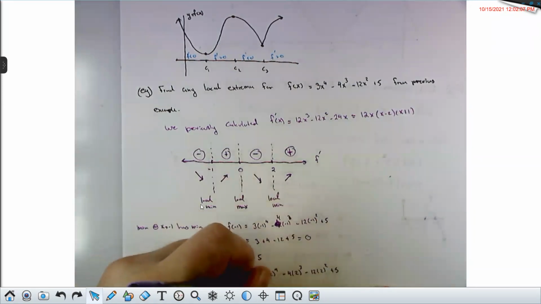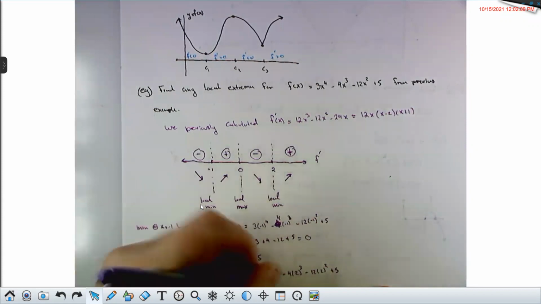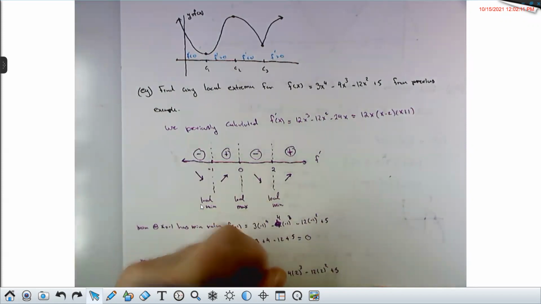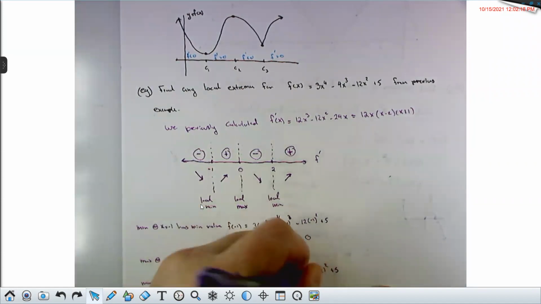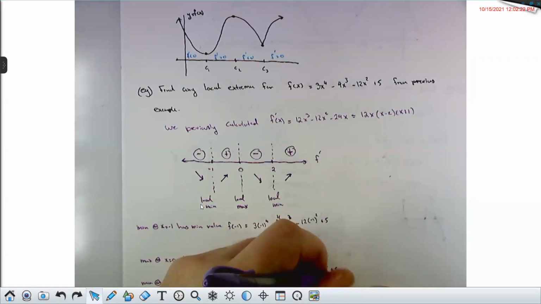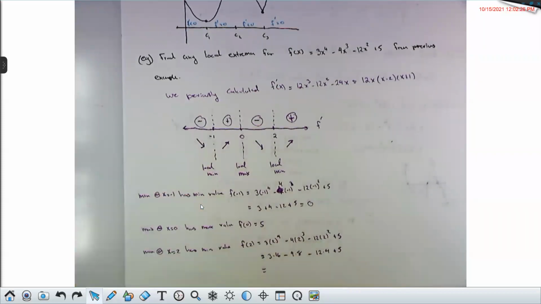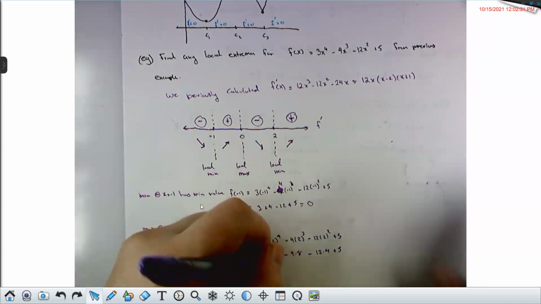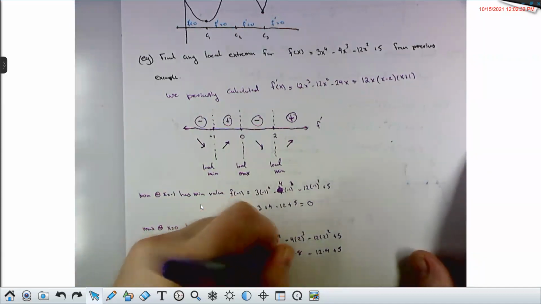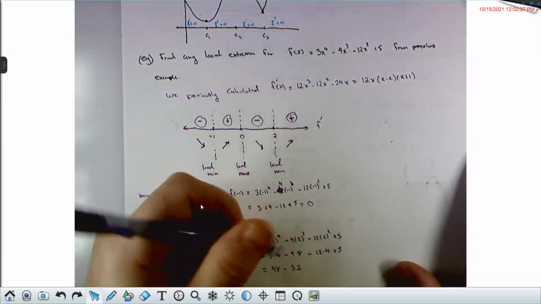2 to the 4 is 16. So this is 3 times 16. Minus 2 cubed is 8. So this is 4 times 8. Minus 12 times 4 plus 5. Let's see, can we crunch this out nicely? 3 times 16 is 48. Minus 4 times 8 is 32.